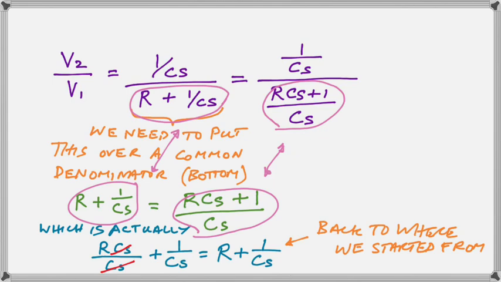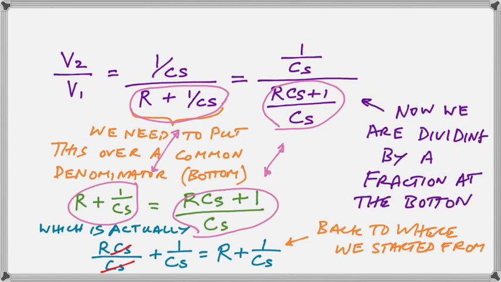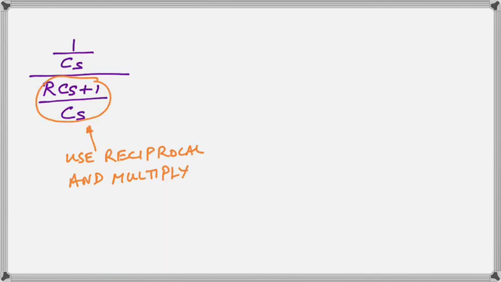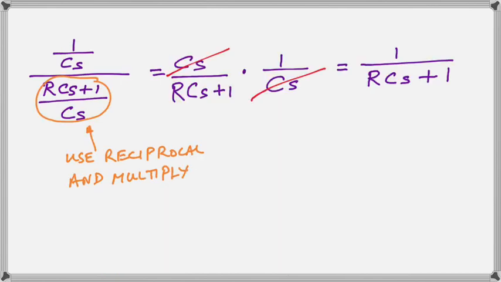Next, what we need to do now is change our division into a multiplication by flipping the bottom part, which is called taking the reciprocal of what we were trying to divide by, and multiply it. We flip it over, we multiply the 1 over CS by it, and nice things happen. The CS cancels out, and we get our final answer.